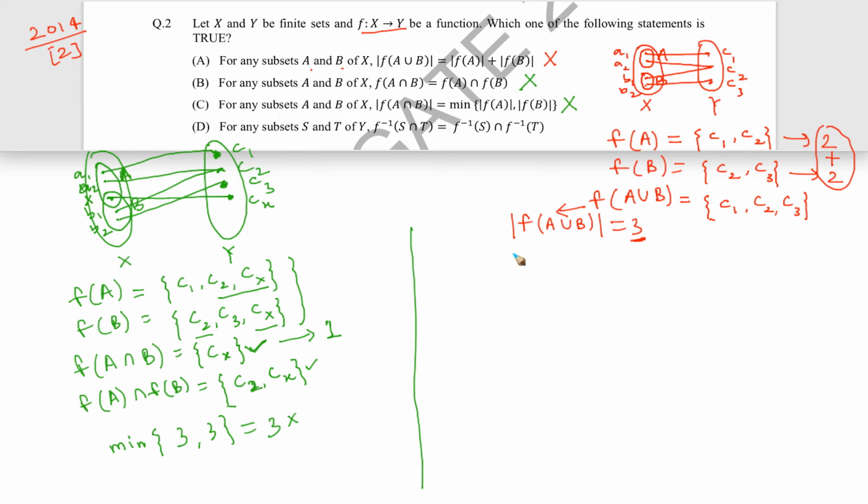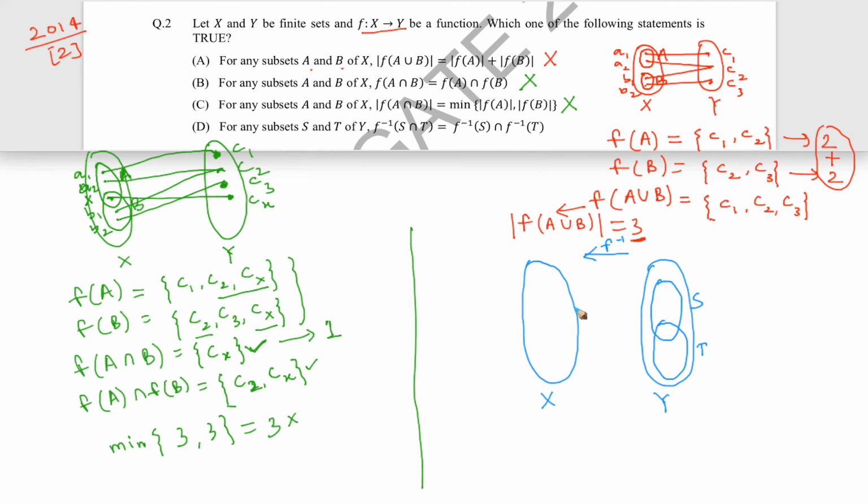Okay, so in D they are saying that, let's say this is X, this is Y, and then now they are talking about two subsets S and T of Y, not of X. So let's say this subset is S, this subset is T of Y, and now they are talking about F inverse, not F. So they are talking about a function from Y to X, which is F inverse, and they are talking about the intersection of S and T. Is that equal to the intersection of the inverses of S and T individually?